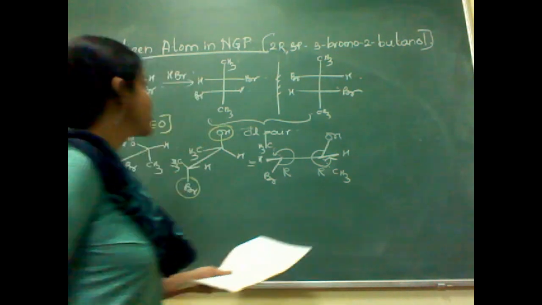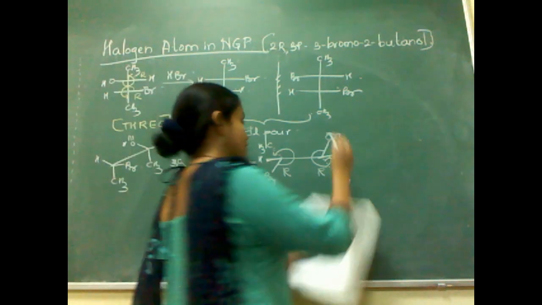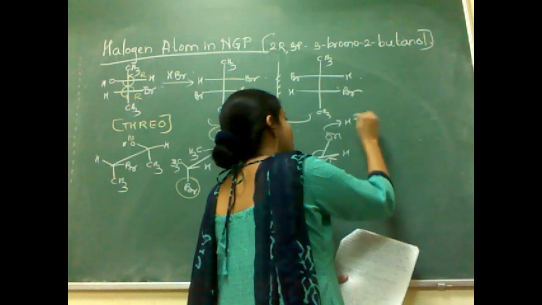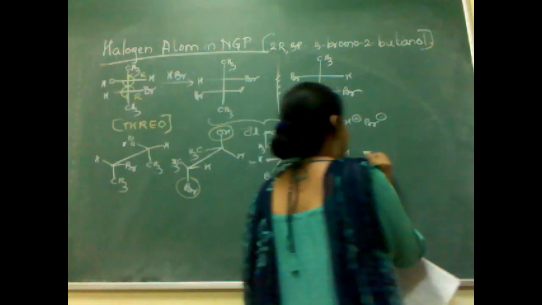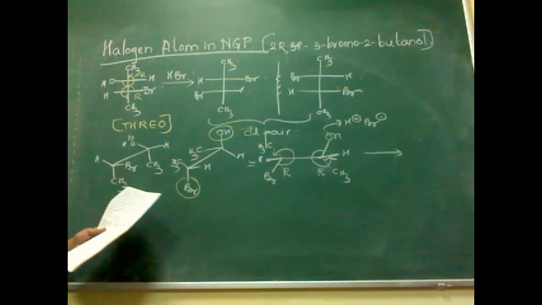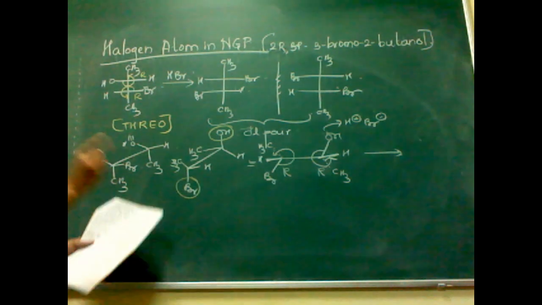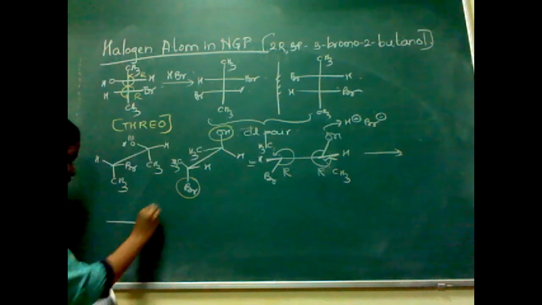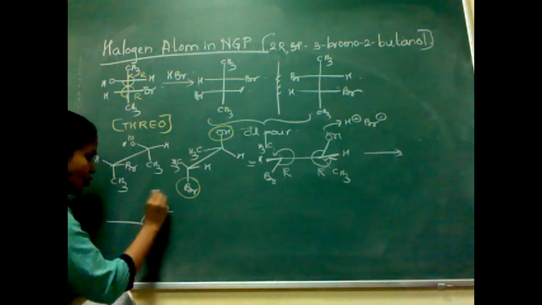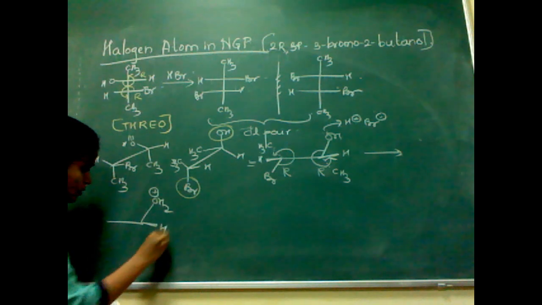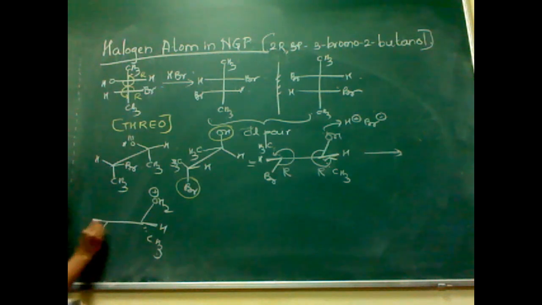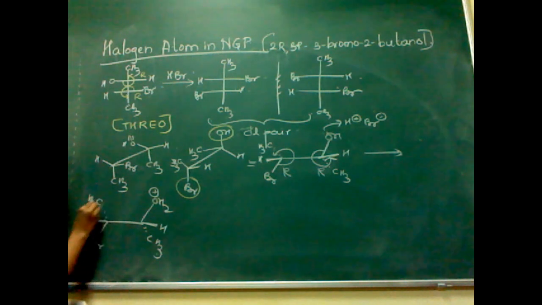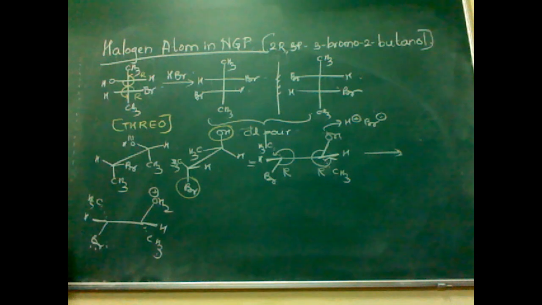Now let us try to imagine the reaction conditions, HBr. So this picks up a proton and then you have that Br minus. So what you observe in this particular case is you get what is known as protonated alcohol, OH2.